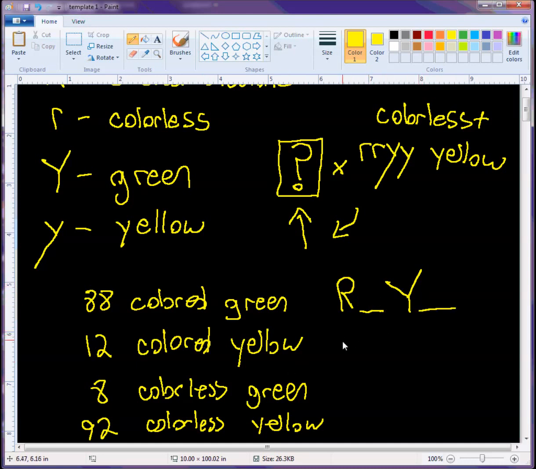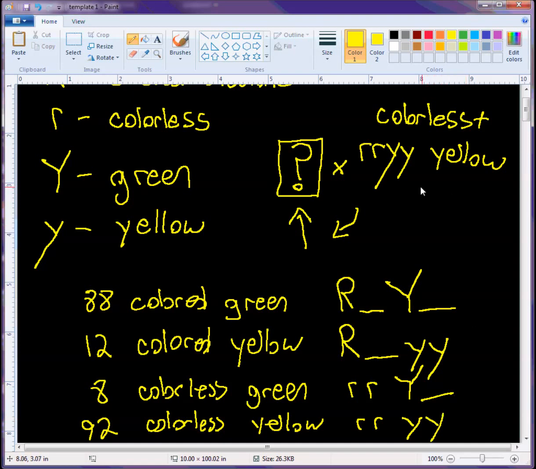So colored in yellow, we'll need to have a big R and 2 little y's. So colorless in green, well, those plants need to have 2 little r's and at least 1 big Y. And colorless in yellow is 2 little r's and 2 little y's.